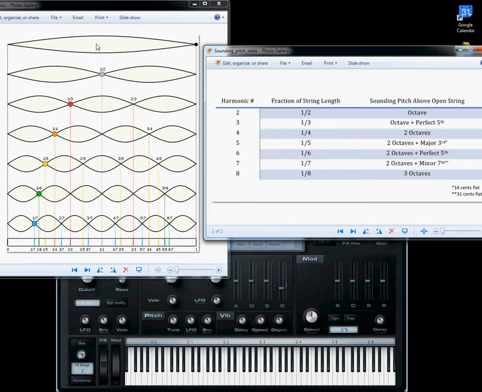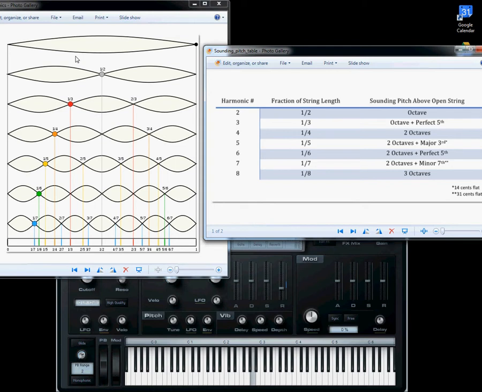Let's do the key of A, because A, we know, is 440. So half of that fundamental note will cause two equal vibrating parts. So instead of 440, you have two 440s, which is 880.